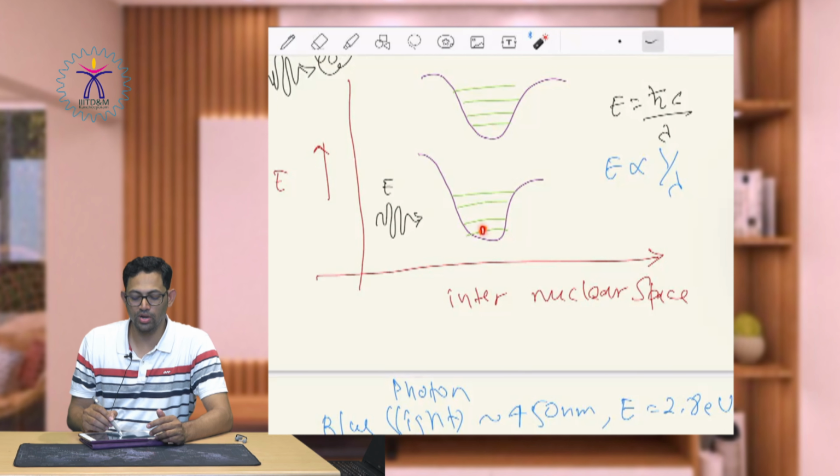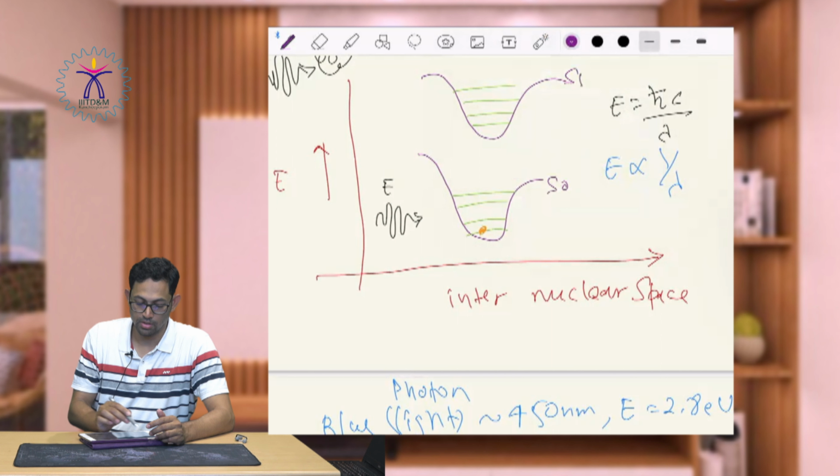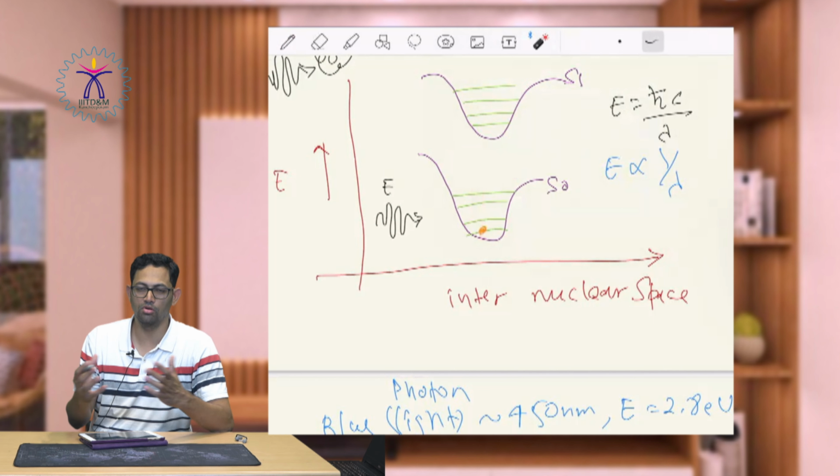The energy is so small that the electron at the lowermost vibrational energy level of the ground electronic state, this is S0, this is S1, doesn't have enough energy to come out of this well.